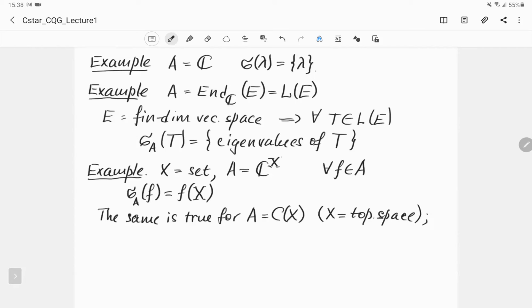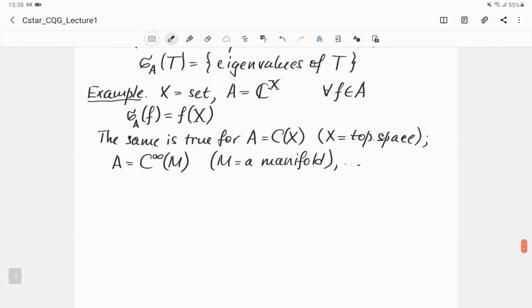And for example, for the algebra of smooth functions on a manifold. And for many other algebras, for algebras of holomorphic functions, for example, the same result is true. But there are examples of function algebras for which this formula fails.